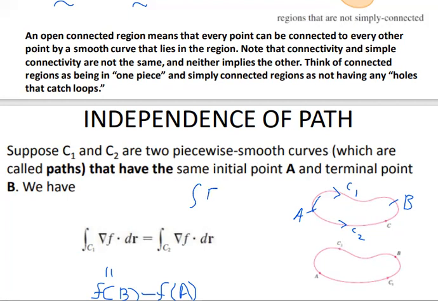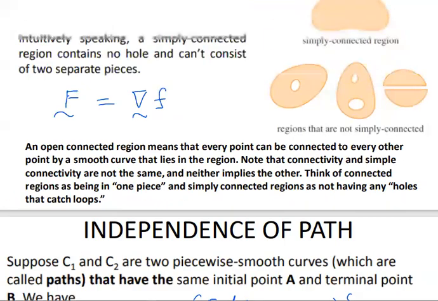The work done over this path, let's say C1. We know that F is conservative, so there exists a function, the lowercase f, such that F is equal to the gradient of f.